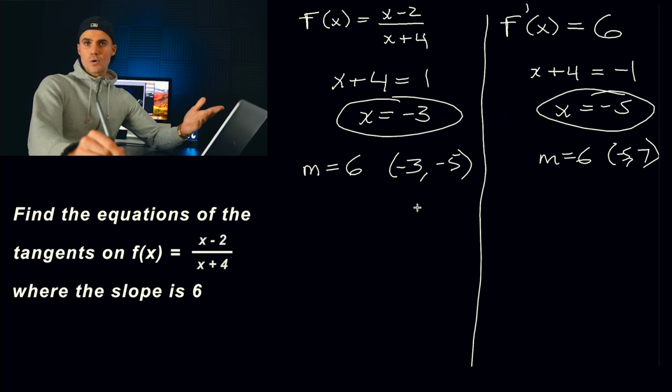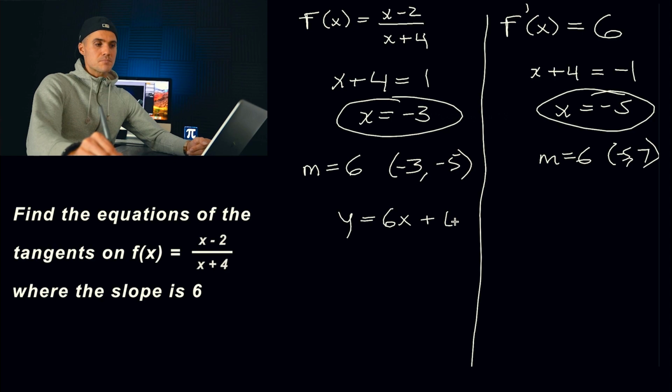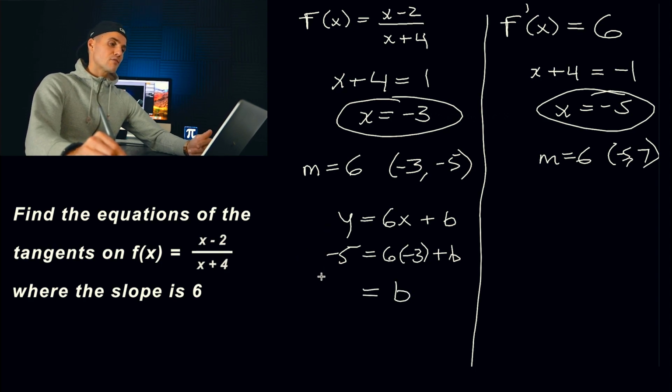And now we could find the equations of the tangents, the equations of the lines that have a slope of 6 and have these two respective coordinates. So let's first input the slope. We've got the plus b over here. And then we would input the coordinate for x and y to solve for the b value. So in this case, the b value is going to be -18. Bring it over, -5 plus 18 gives us +13.